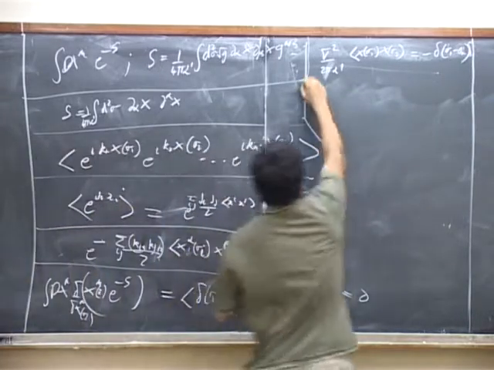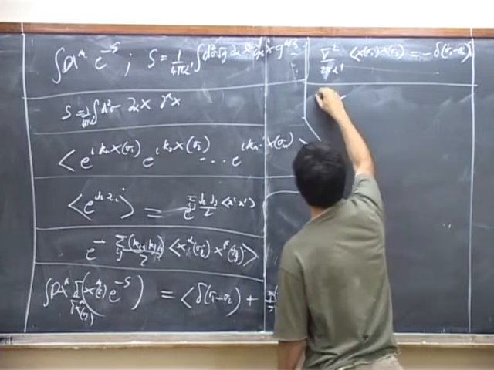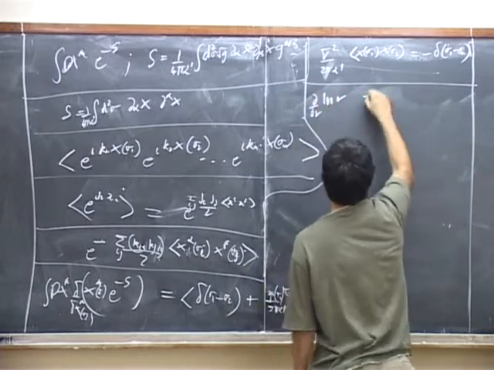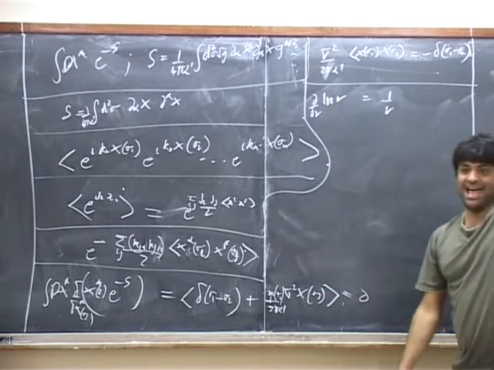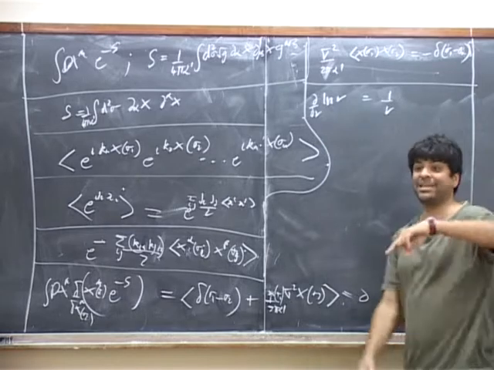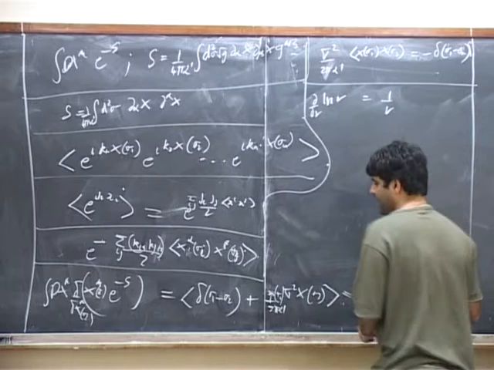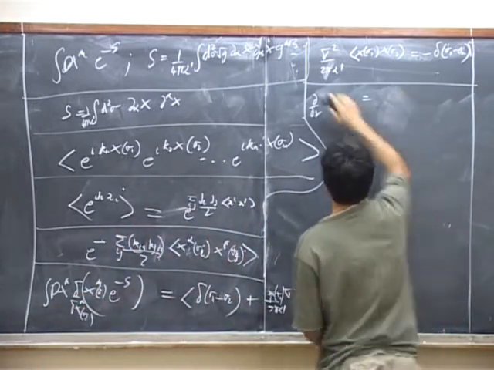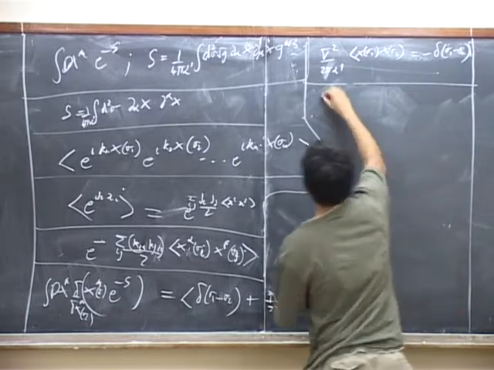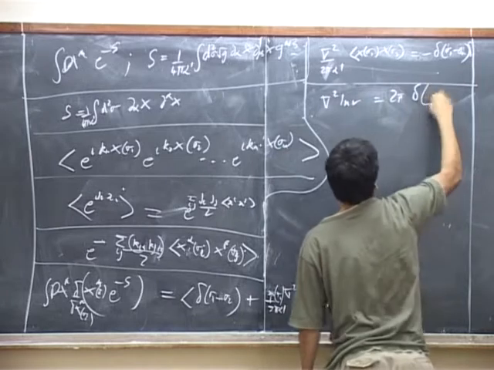And remembering that the derivative of log r, d by dr of log r, is equal to 1 by r. And then doing the surface integral of this, we get 2 pi. It's 2 pi r times, think of this as the normal vector. We say that del squared of log r is 2 pi times delta of sigma.